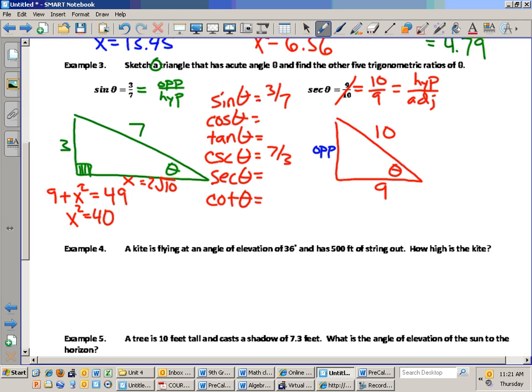The opposite side we'll refer to as, doesn't really matter, we'll call it y squared plus 81 equal to 100. Subtract my 81, I get y squared is equal to 19. Square root y squared. Y is equal to the square root of 19. And again, you could write all 6 trigonometric ratios now once you have that.